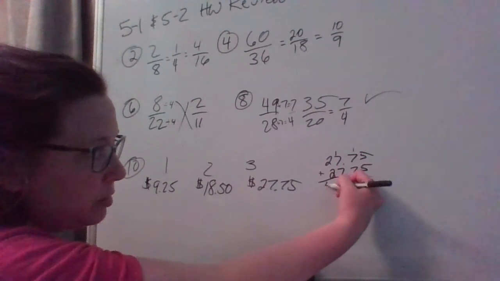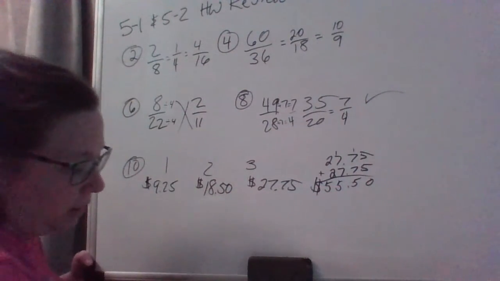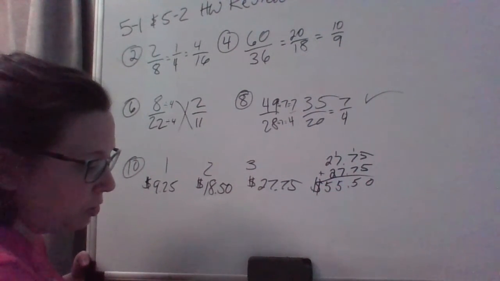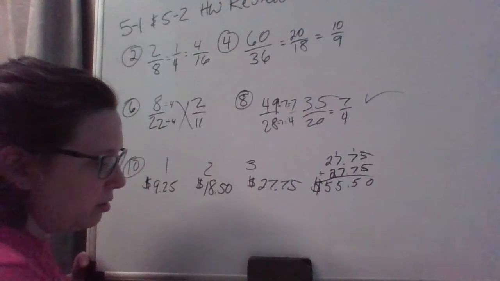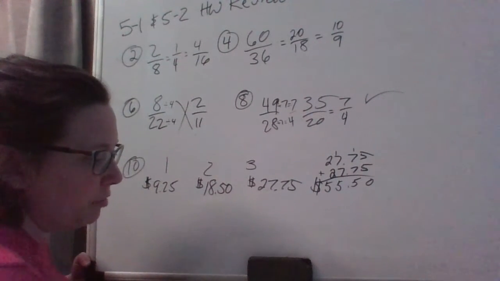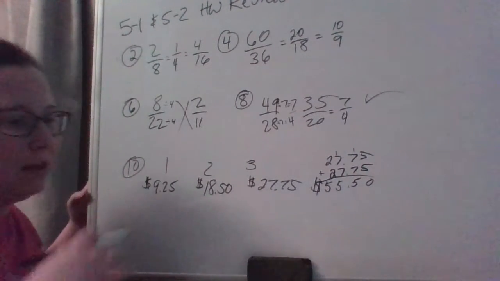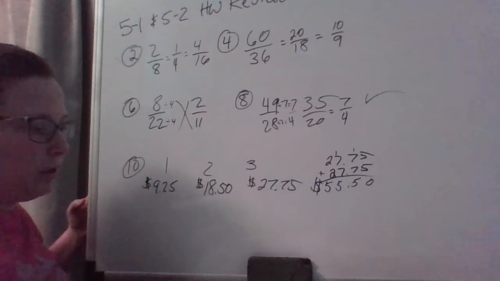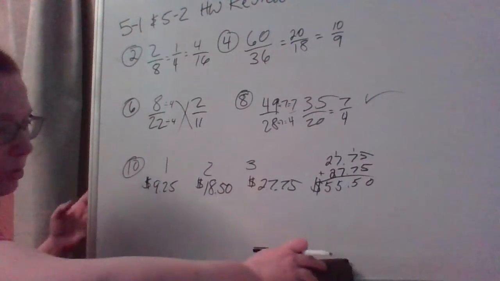And I'm going to get $55.50. So that'd be the second answer. The first is they are proportional, and the second is that 6 movie tickets would cost $55.50.